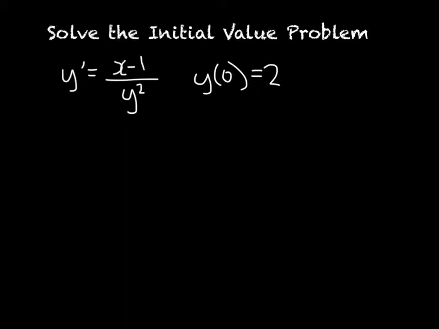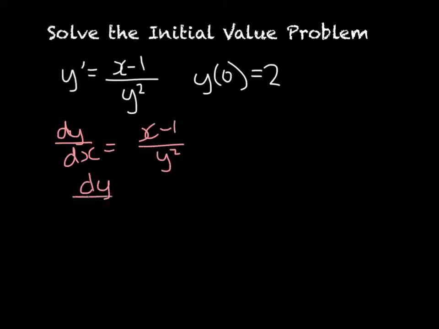Here we have a differential equation where we're given an initial value, making this an initial value problem. We're going to do the same thing as before and separate the variables. So dy over y squared equals x minus 1 times dx.